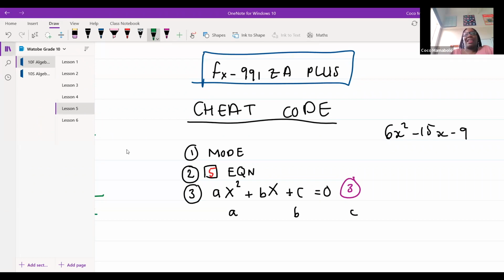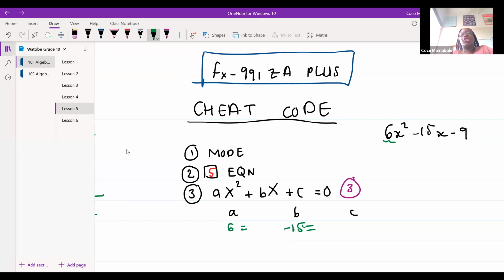Okay, so everyone, if you guys are with me here, we're going to take this number 6. You're going to click 6, and then equals. Then you're going to click negative 15 and click equals.